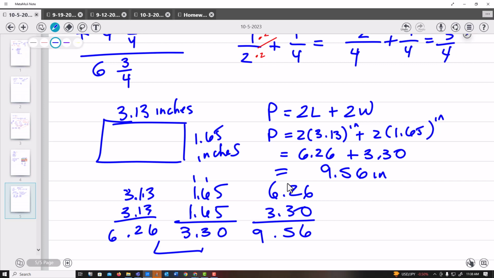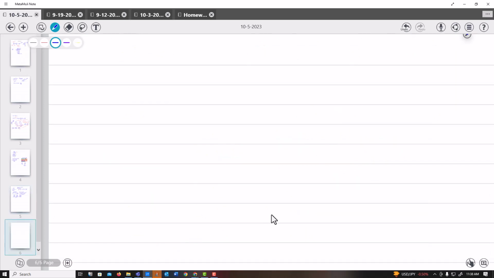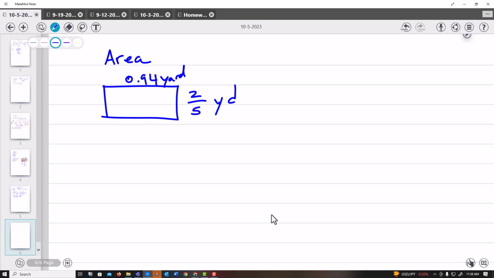And hey, that's what's next. I just happen to see an area problem next. So it says, find the area of this rectangle. So area, and I have a rectangle, and it says 0.94 yards, and then this is 2/5 of a yard. So this is like when you buy an area rug, right?